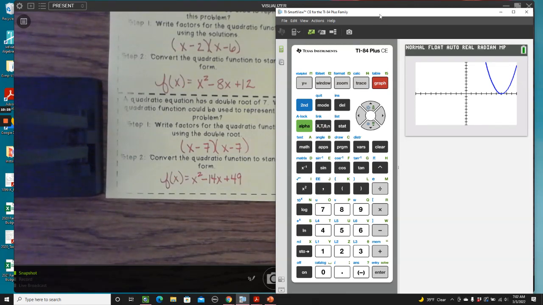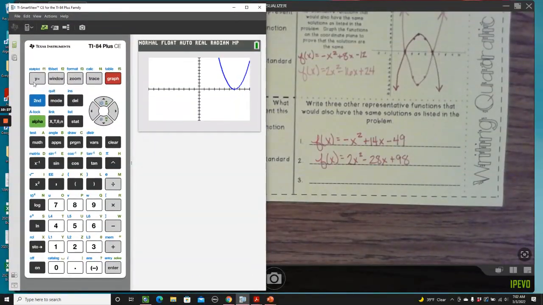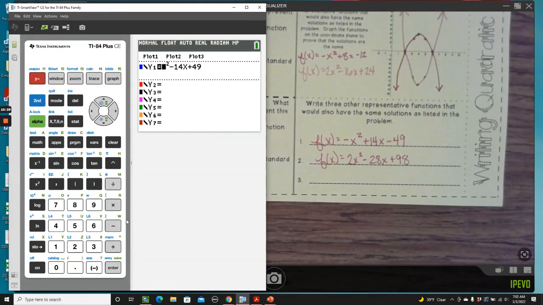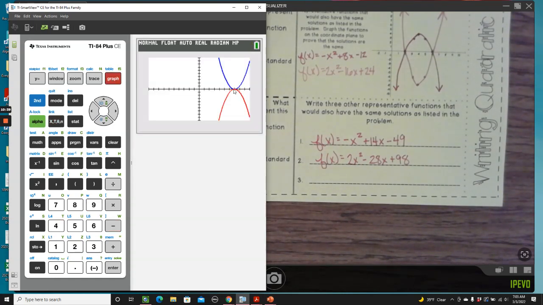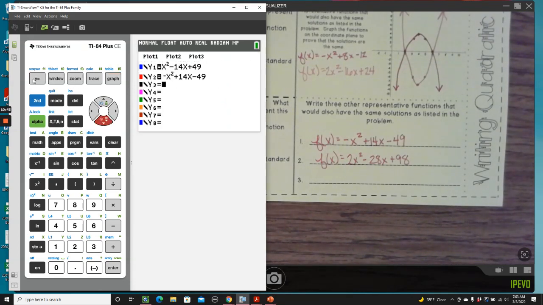And so the rest of these would do the same thing. So if I graph the next one, negative x squared plus 14x minus 49. If I graph that one, you can see that it just flipped it, it reflected it, but it's still the same solution, the same roots.